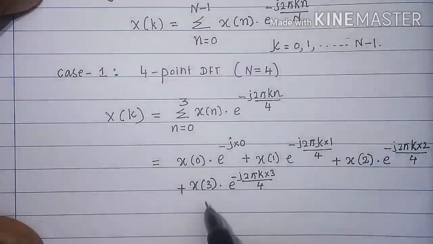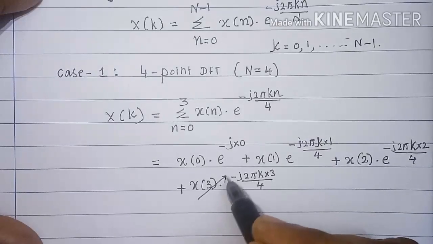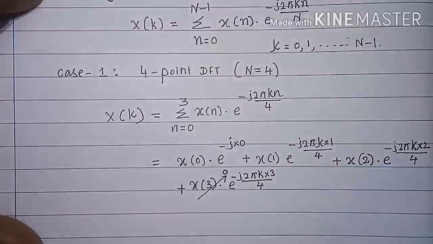But in the given sequence x of 3 is 0, therefore this term will turn to be equal to 0.